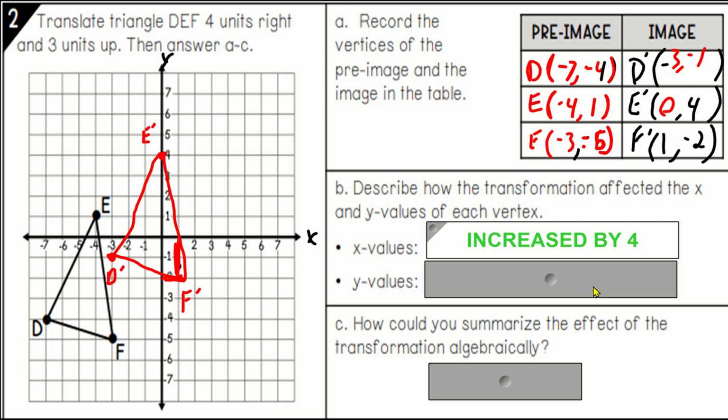Increasing by 3. So to write it algebraically, since they're both increasing, we're going to put pluses for each of those. So we'd have an X plus 4, Y plus 3. Any questions on that one?